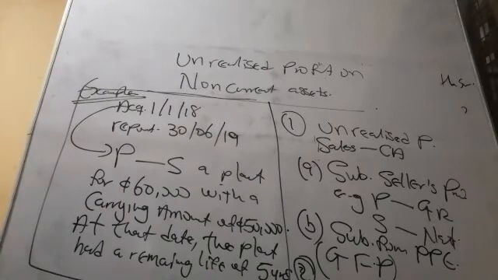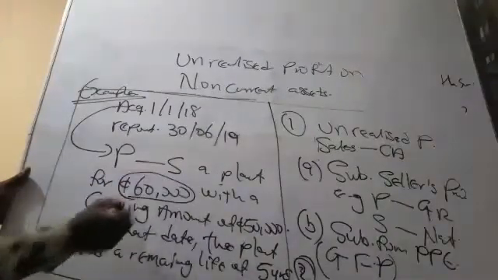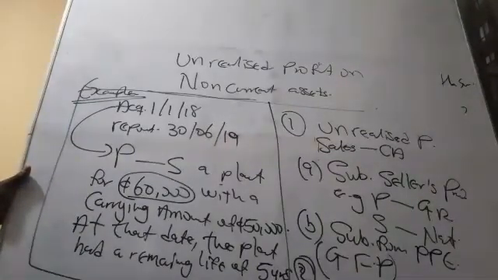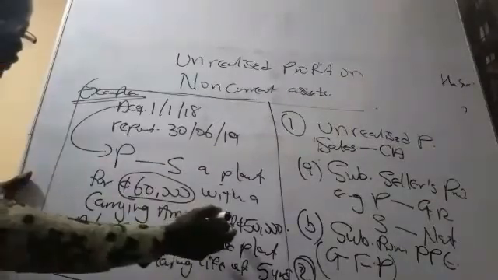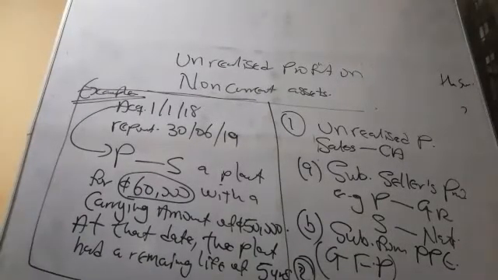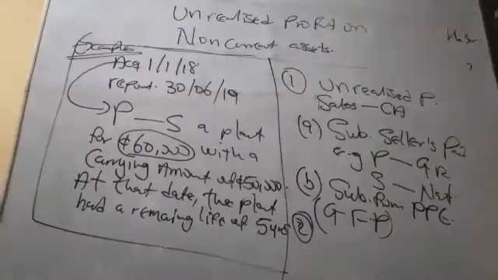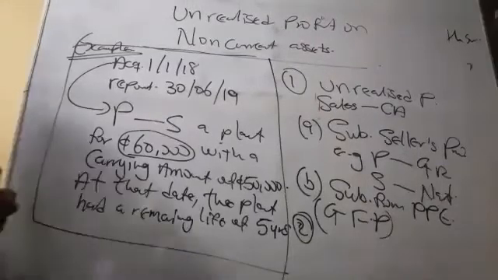This is the issue: the parent sold it at 60,000, so the subsidiary, the buyer, will depreciate it using the 60,000 instead of the 50,000. You said that when we were doing the net assets.